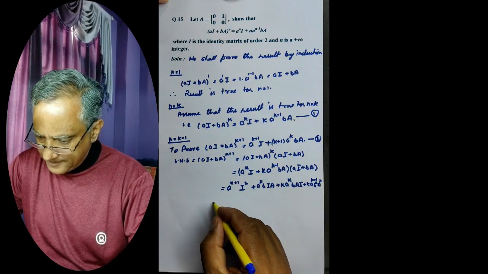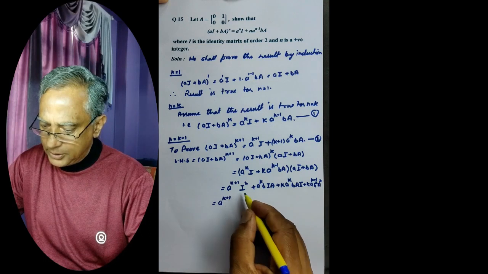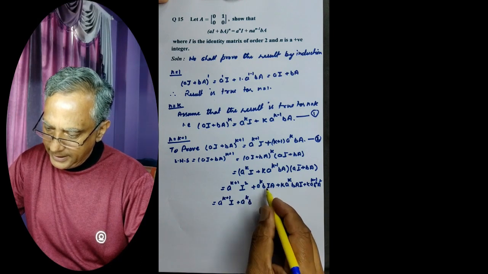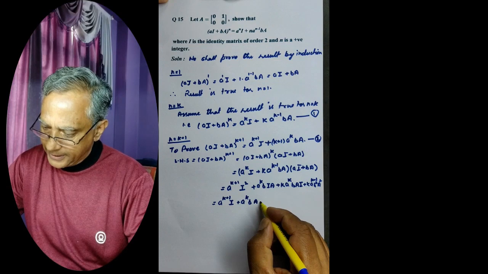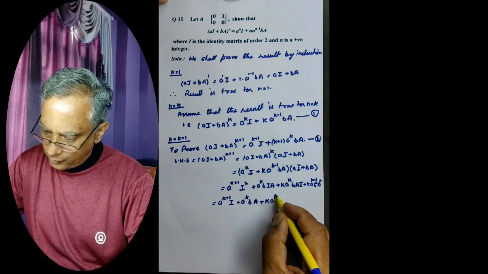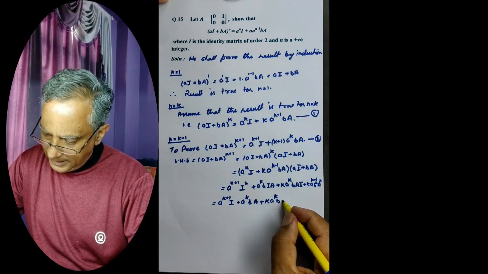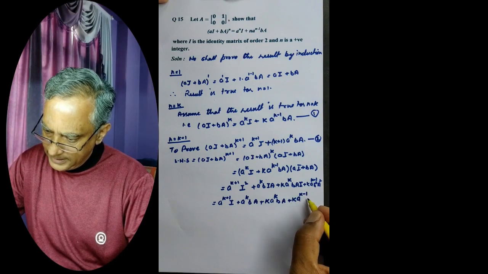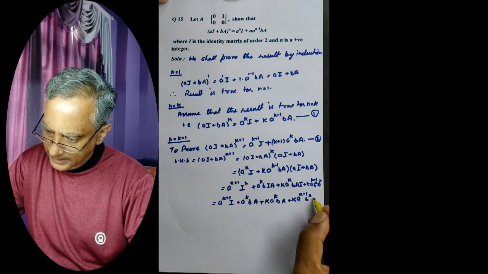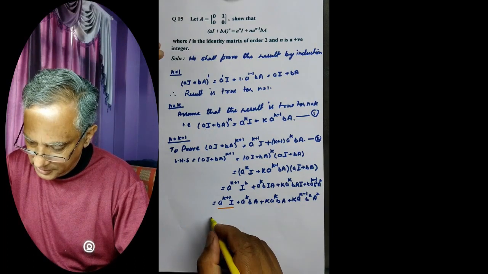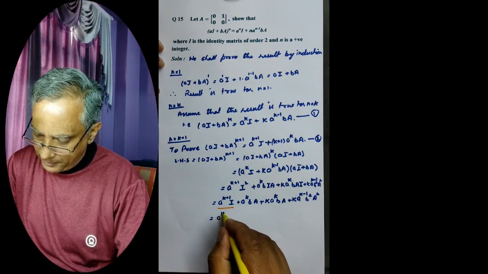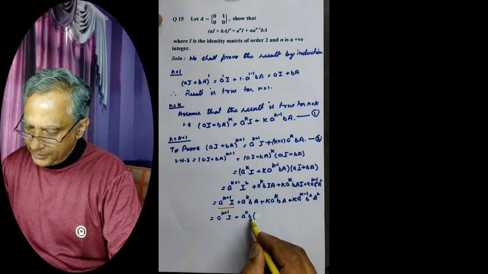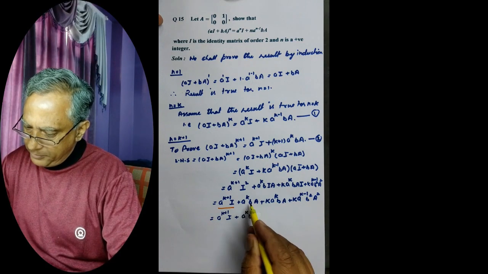So what we get is a^(k+1), I square is equal to I, and we get a^k b, I into A is A, definition of identity, plus k a^k b, A into I is A, plus k a^(k-1) into b square A square, and this is equal to a^(k+1) I plus a^k b is common, A is common, a^k bA is common.